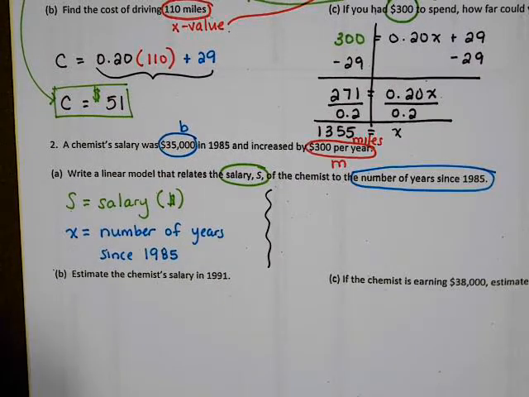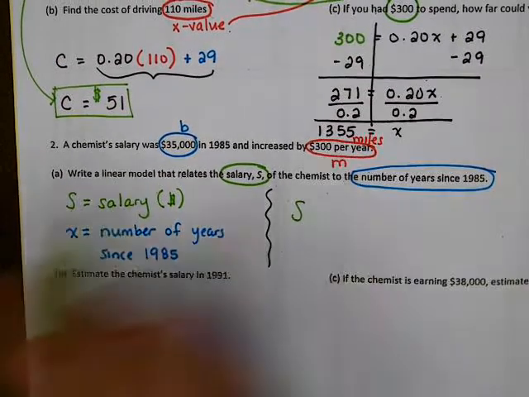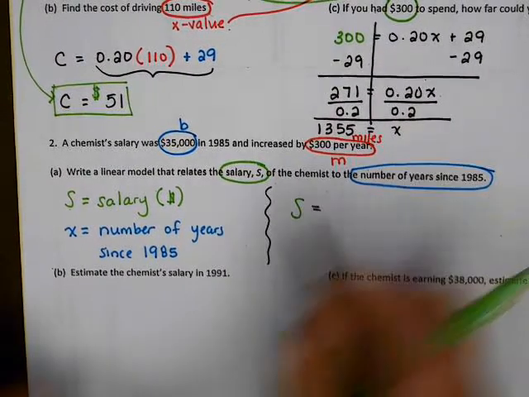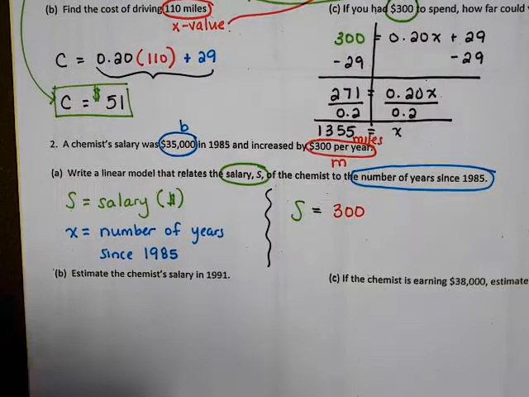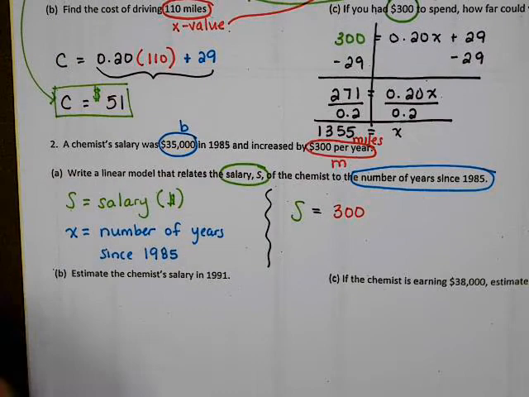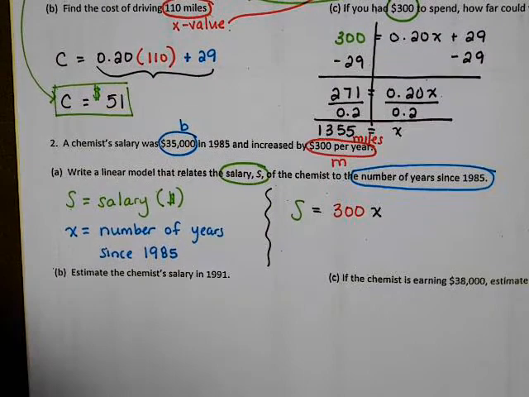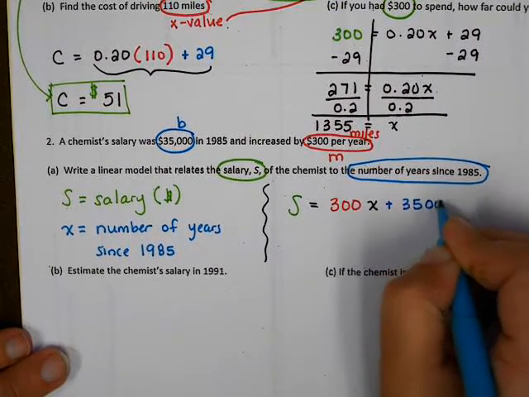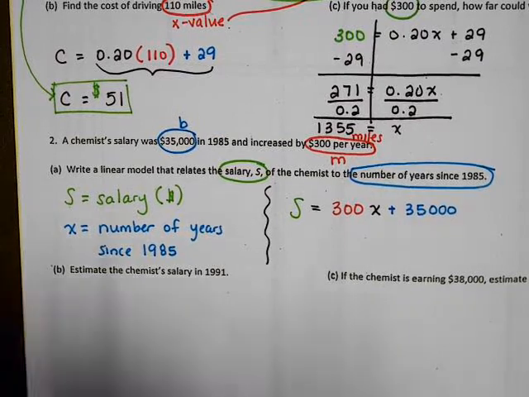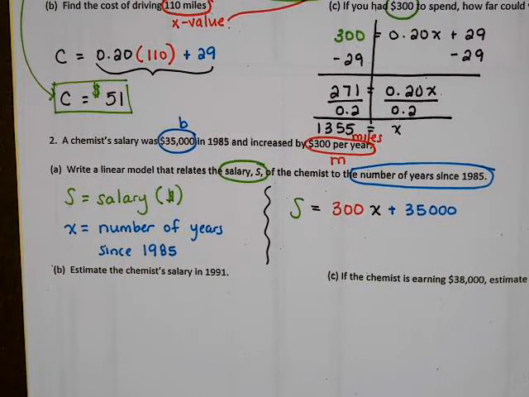My equation then would look like this. S equals my M, which is a repeating amount, 300, times X, plus my B value, which is $35,000.